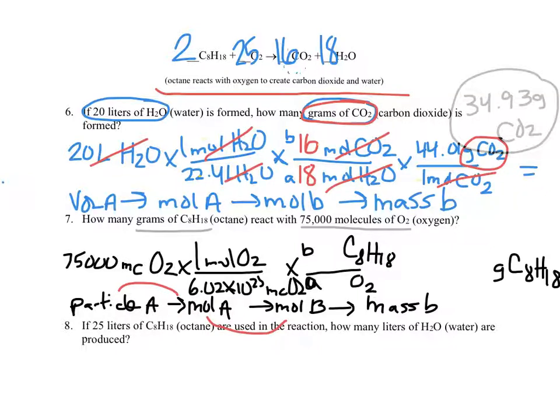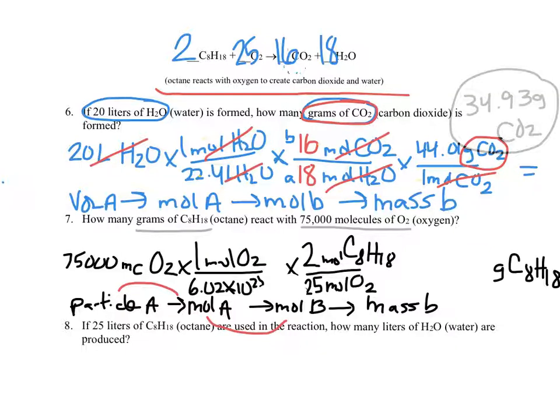And now I'm going to use my balanced equation to figure out what moles of each I'm going to need. For C8H18 up top, it's a 2. And for oxygen, it looks like it is a 25. Sorry, that's getting a little tough to read. Let's clean that up a little bit so you can see.